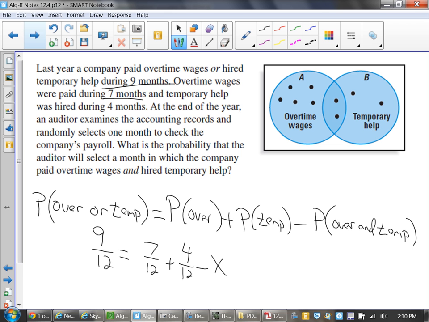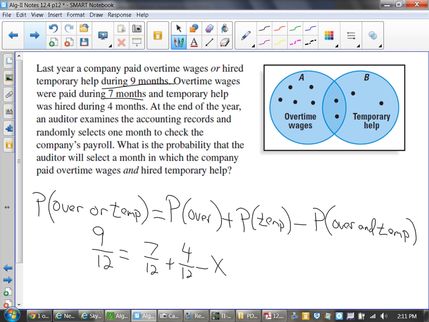It's not how we do it though, because you have to talk about it for the whole. Use the words of what they have there. They tell you that paid overtime wages or hired temporary help 9 out of 12 months. So the probability of overtime or temporary help is 9 out of 12.